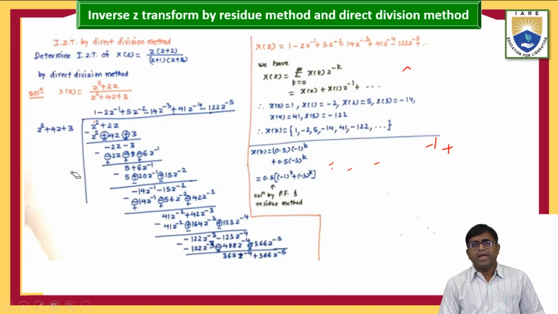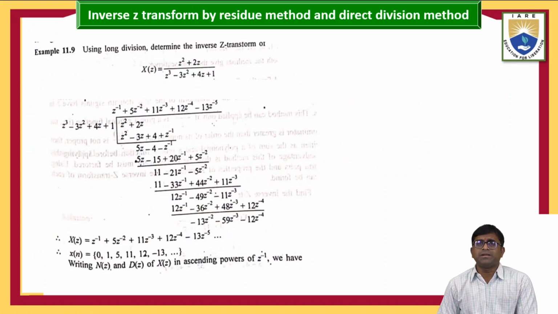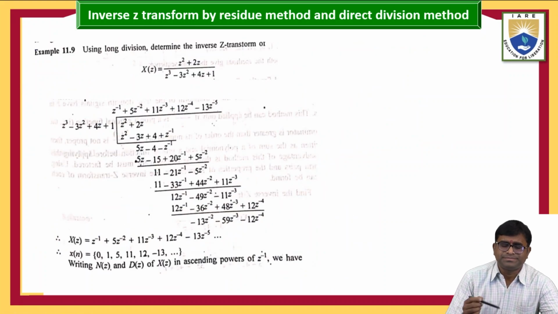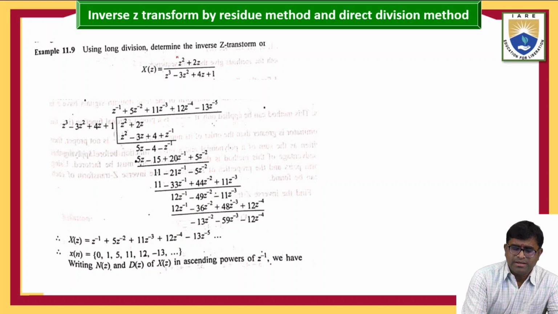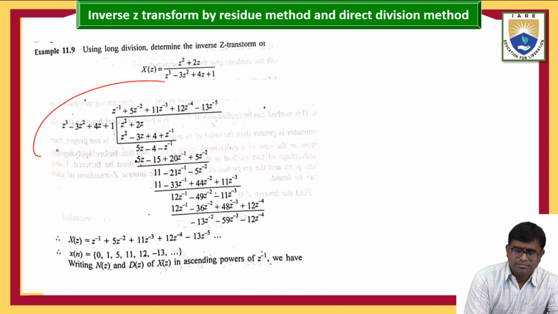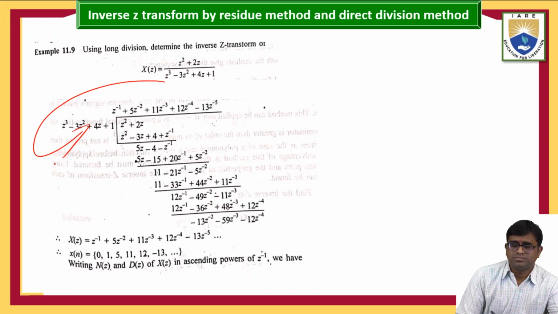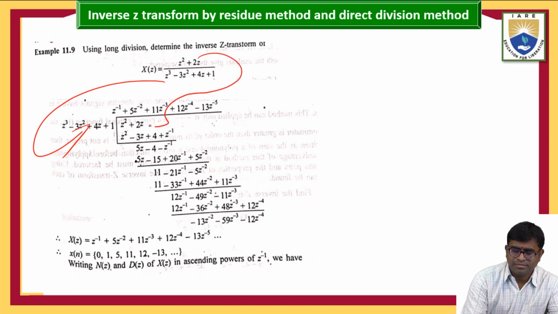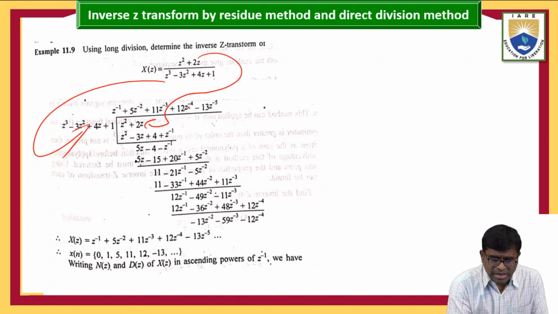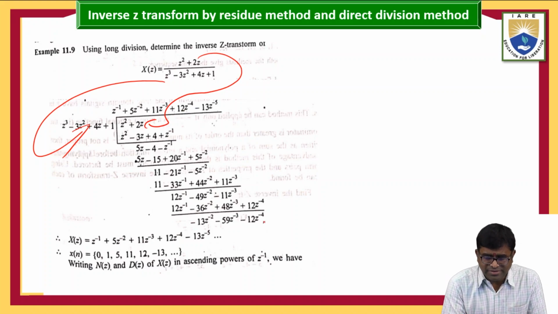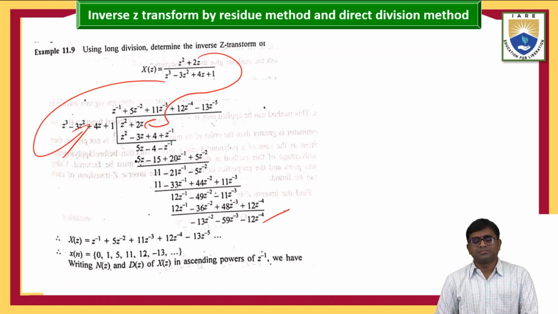Okay. Next, I'm going for the next problem, same as the direct division rule. Here it is the denominator value, and this is the numerator value. Apply the division rule. We got the value as this value.